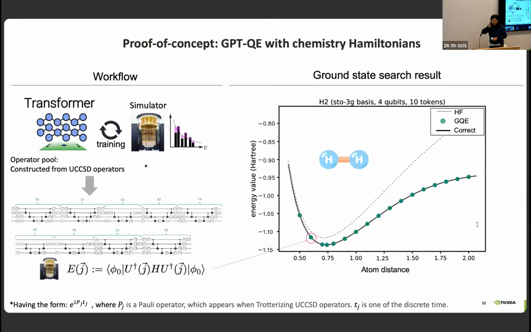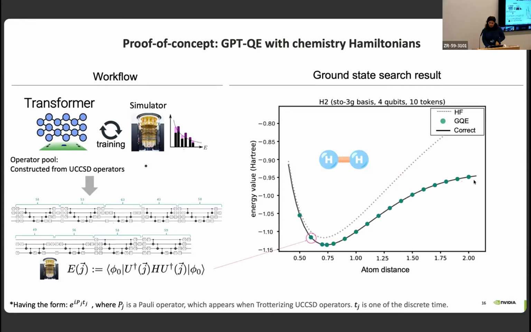All right, so I'll present some of the benchmarking results that we have from running it on simulators, as well as a couple of quantum hardware results. This is running it for an H2 problem using the UCCSD ansatz pool, which basically means we have operators that look something like this exponentiated Pauli, where t stands for time, and we take discretized time for these purposes.